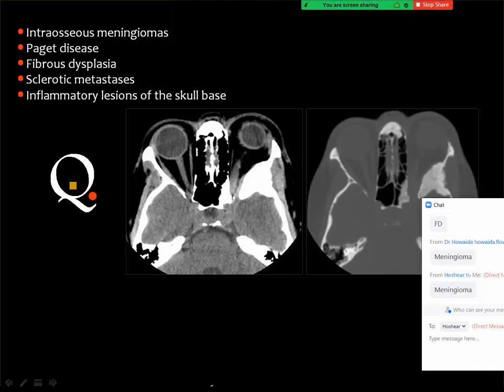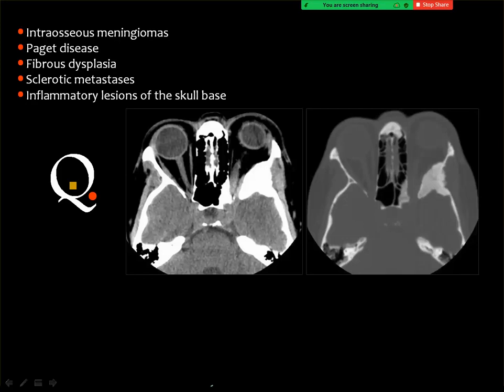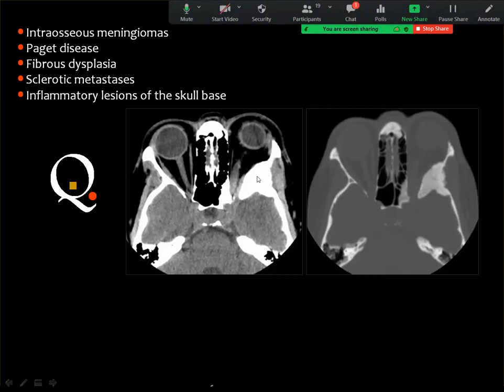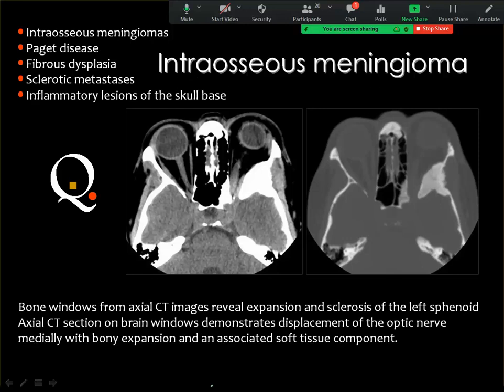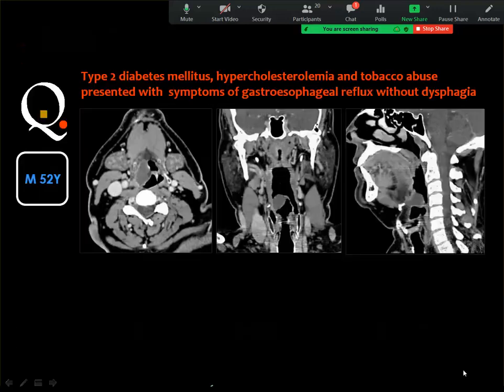This is meningioma actually, which affects the greater wing of the sphenoid and lateral orbital wall. You remember that fibrous dysplasia affects the orbital floor or orbital roof in particular, and is present usually in the pediatric age group. But this is a meningioma, classic appearance and classic location, or you may call it intraosseous meningioma.